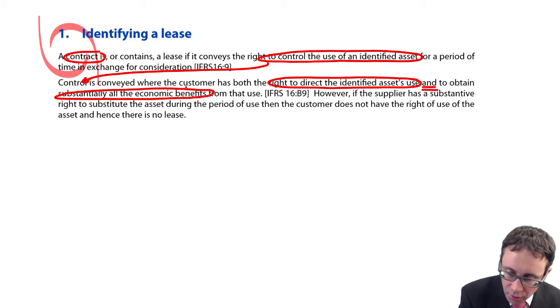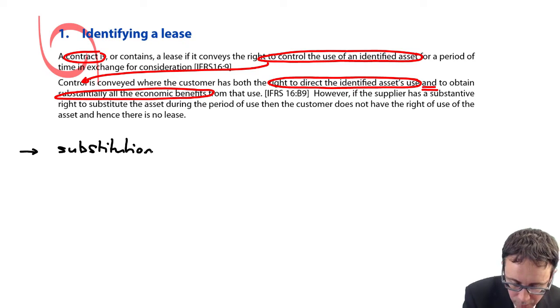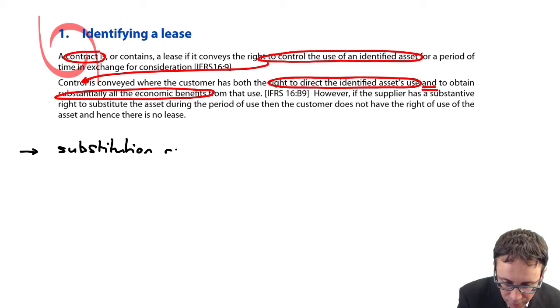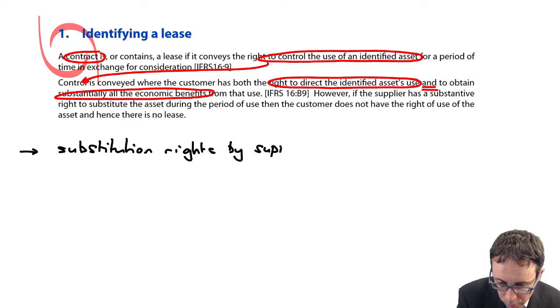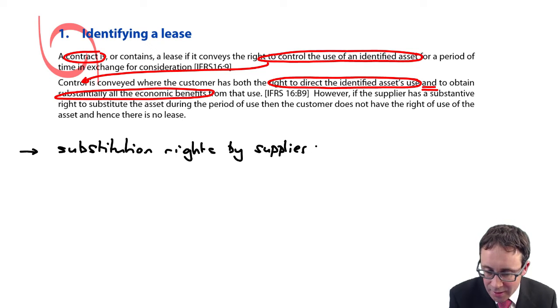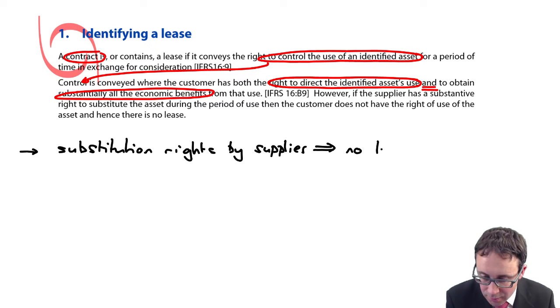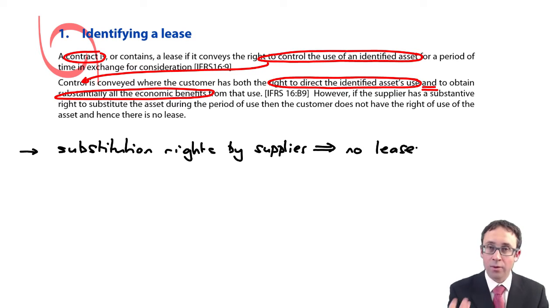If we summarize it, if there are substitution rights by the supplier, so they can take the asset that you're using and swap it for another one, then there is no lease.